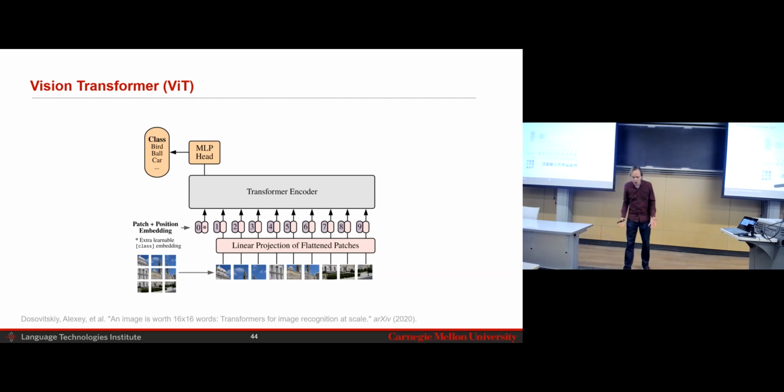So it will learn to embed your image, but it will learn to embed your image in such a way that it's really good at that supervised task or that puzzle-solving task. But it's kind of a discriminative task.